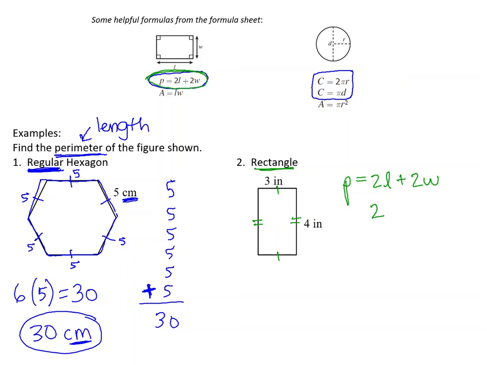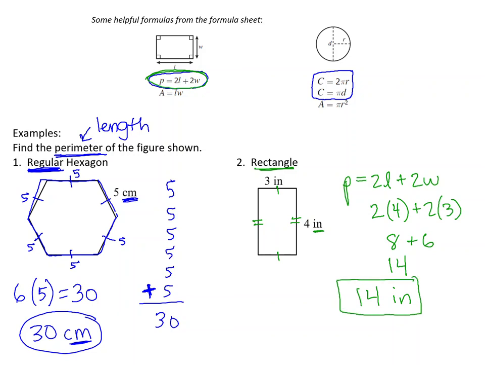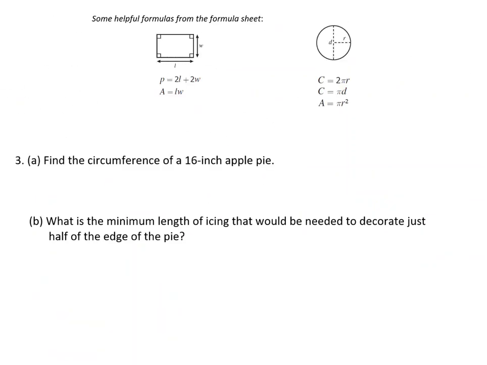So that would be twice 4 plus twice 3, or 8 plus 6, which would make 14. Our perimeter of this rectangle, 14 inches, because of course we're marking the units.